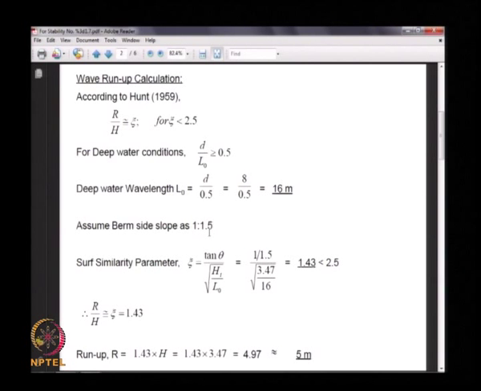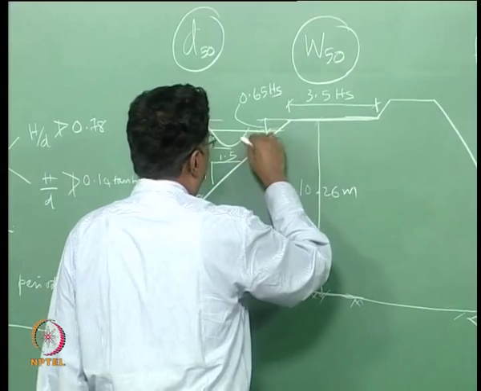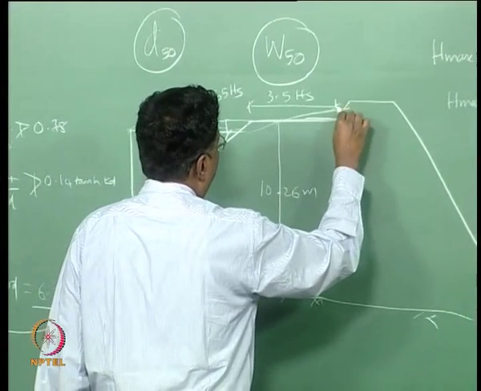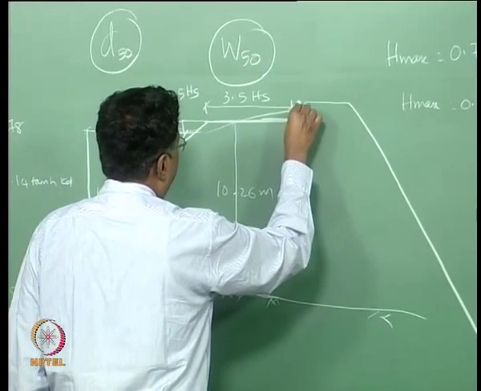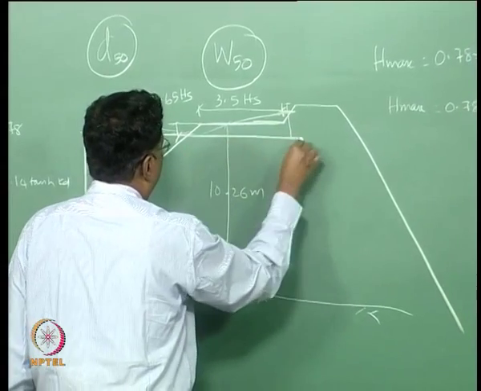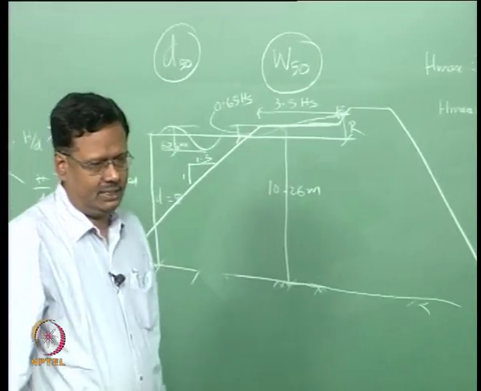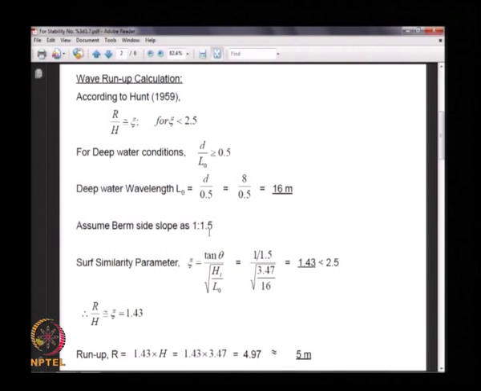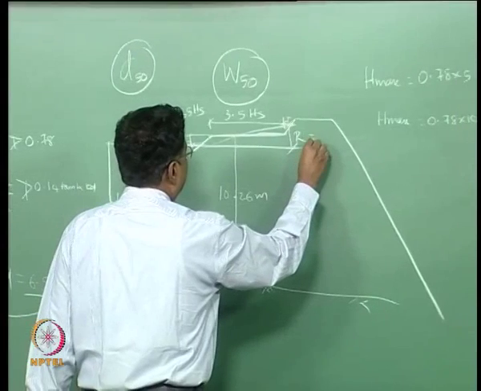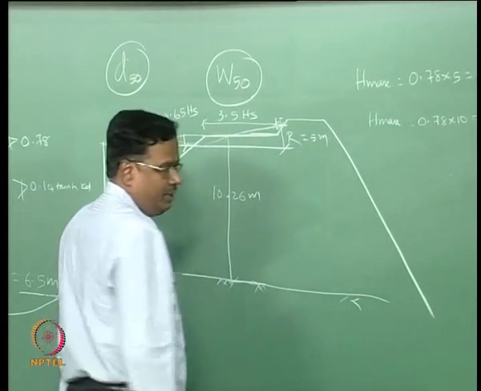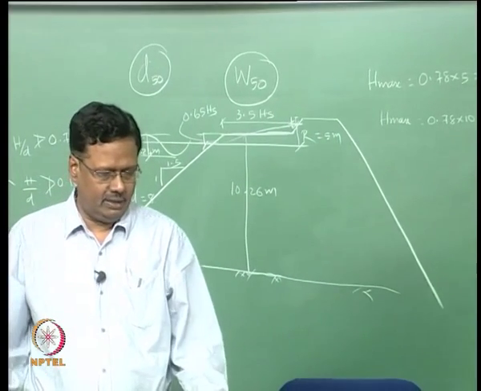So when the wave is coming, when it is going here, it goes and it runs up here and reaches this point. This point with reference to this level is called as R. This R by Hs is about 1.43. This is given from some tables. So your this height will be about 5 meters. So you have to keep the crest above this level.